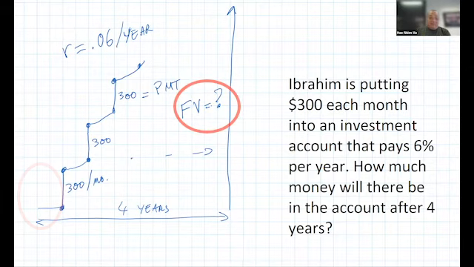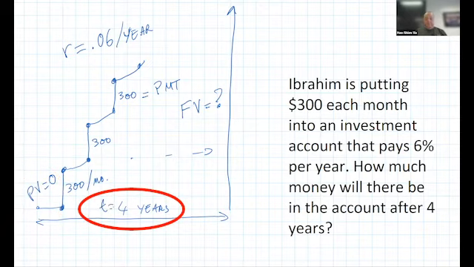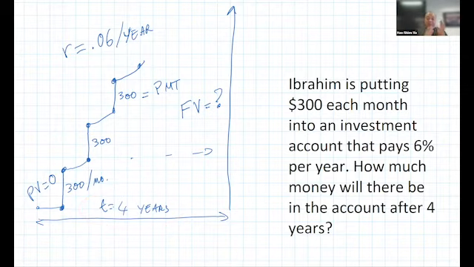What is it in the present? Well, in the present, we're just starting out, so the present value is just 0. T is 4 years. We have all the information, and we can see that everything is there, right? The rate is there, the payment is there. How many payments? Yes, we know that too. The present value, yes, we know that. So now let's just calculate future value. We're going to use Excel and Google Sheets.